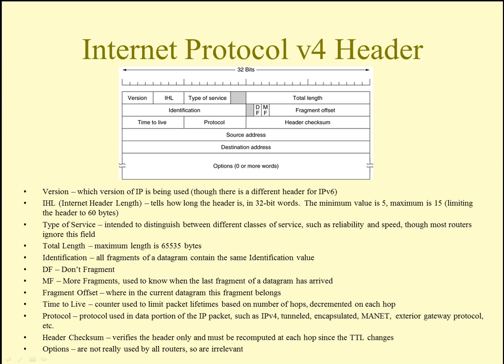Then your private IP address is going to be used when you're communicating directly with your router. Your router is then going to substitute its public IP address in for the source address, because a public IP address has to be provided for the destination to send the response back to you. When the response comes back, it's going to come back to your router, which was the IP address substituted in for the source.